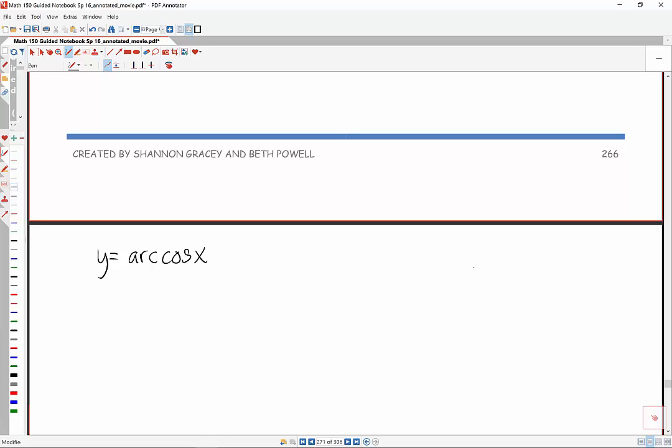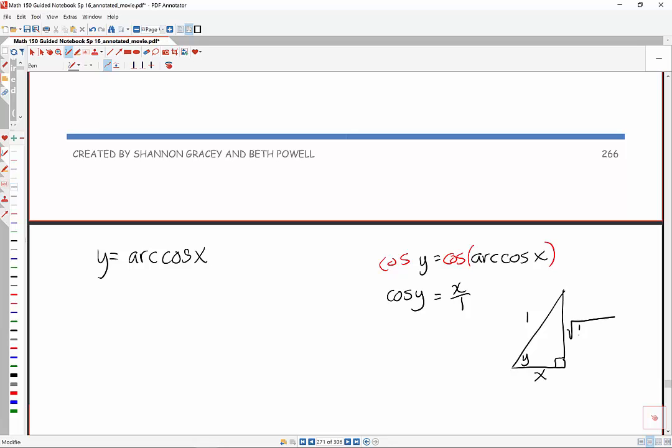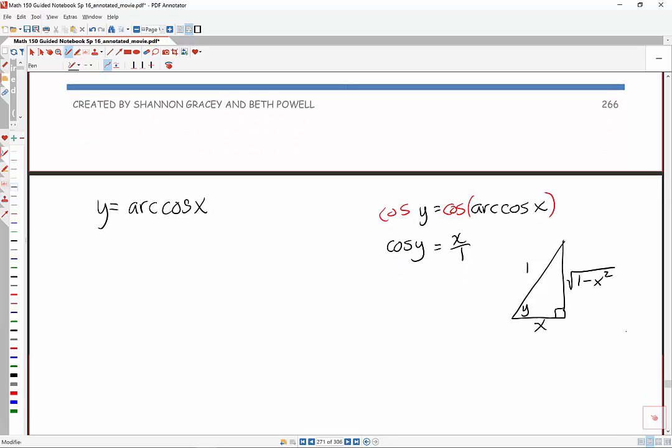So then, coming over here, evaluating the cosine of both sides, we will get cosine at y is equal to x over 1. And making our triangle, we will have our angle is y, and then we'll have side adjacent over hypotenuse, and this will end up being the square root of 1 minus x squared.